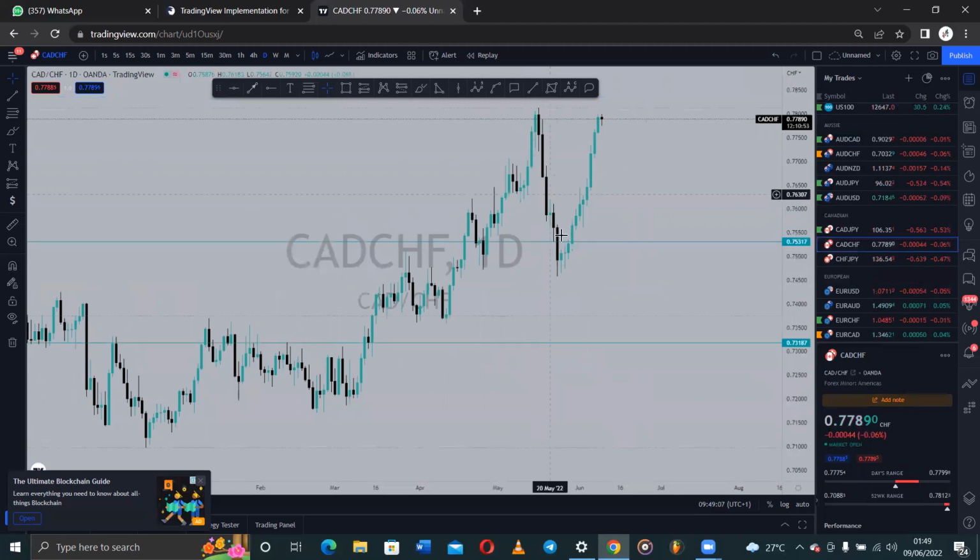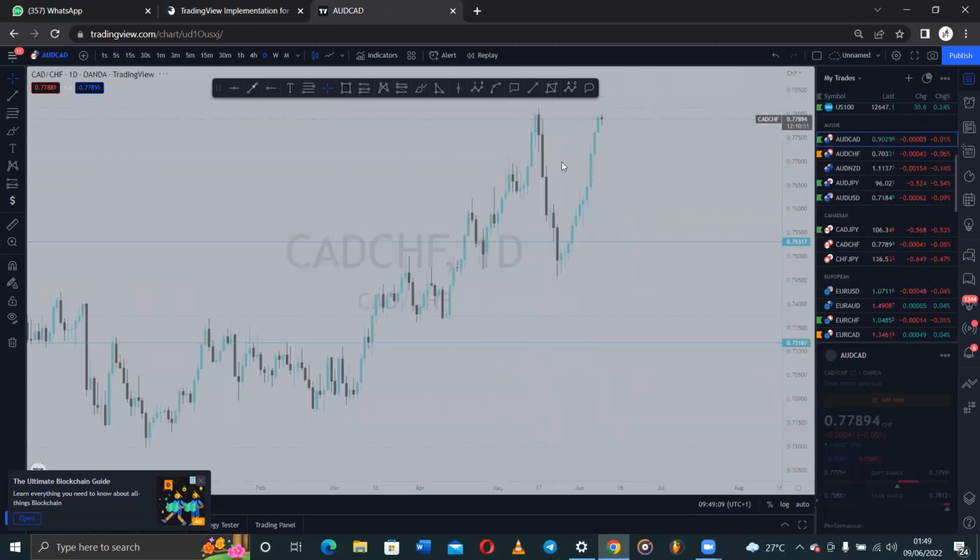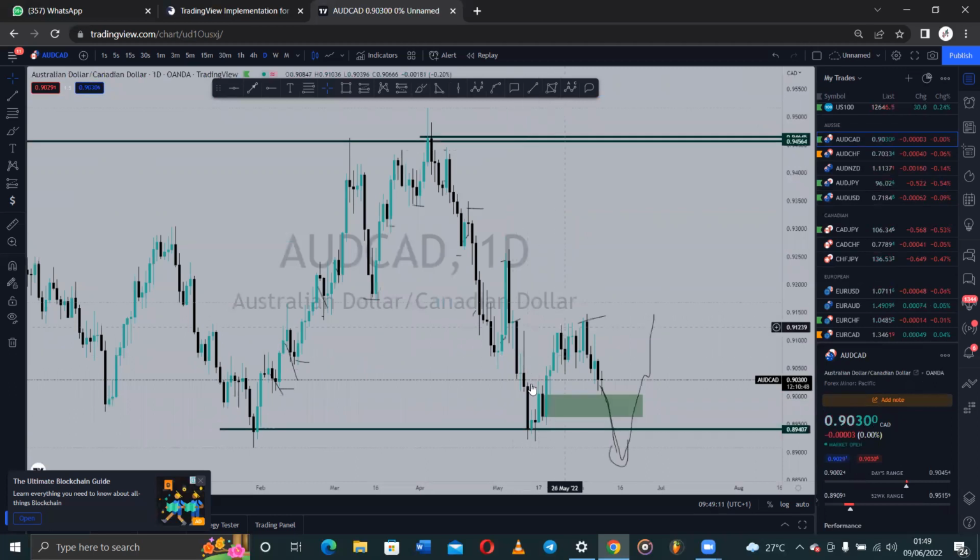But then see the reaction on AUDCAD. It went up, yes, but then we expected it to go even higher. I'm trying to compare the strength of CAD in both instances.